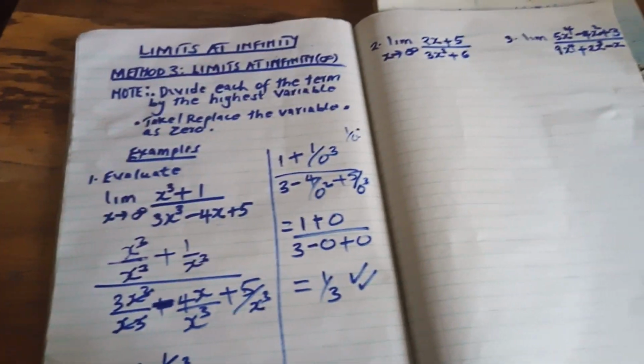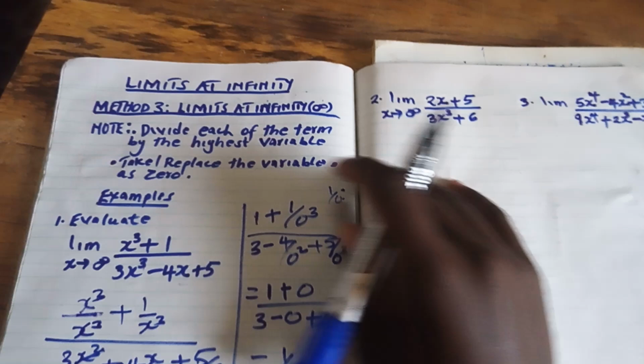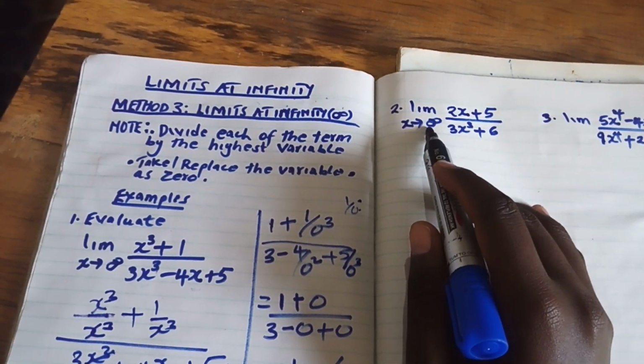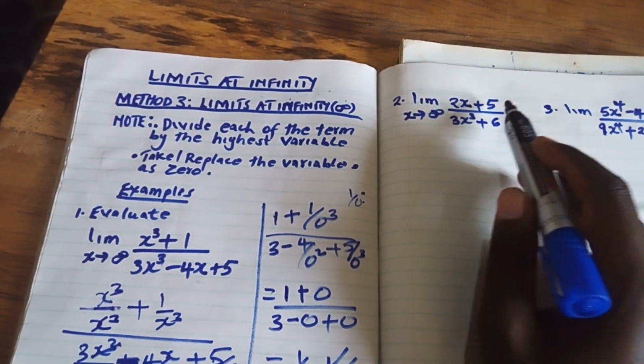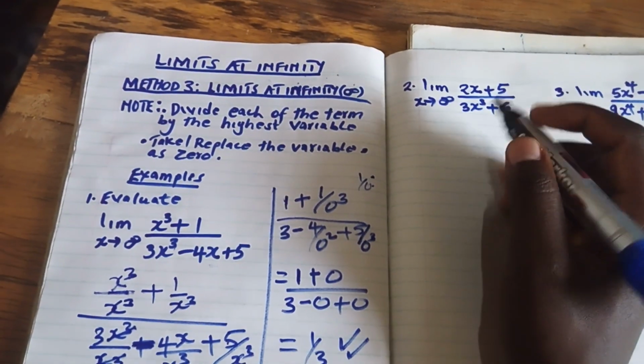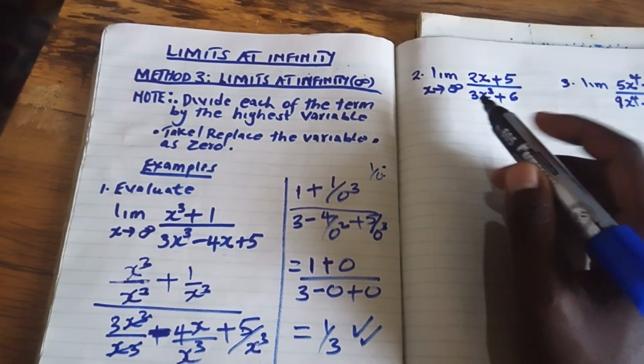Then let us look at the second example. We have been given the limit as x approaches positive infinity of (2x plus 5) over (3x cubed plus 6). Then we have to take the highest variable. Our highest variable is x cubed.